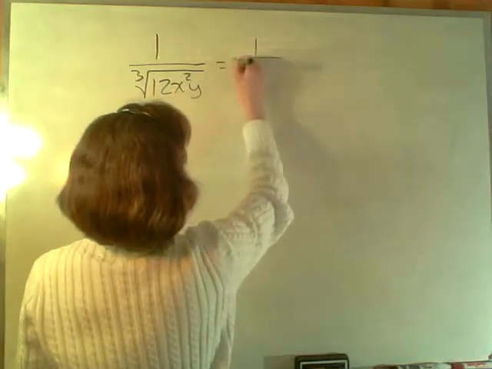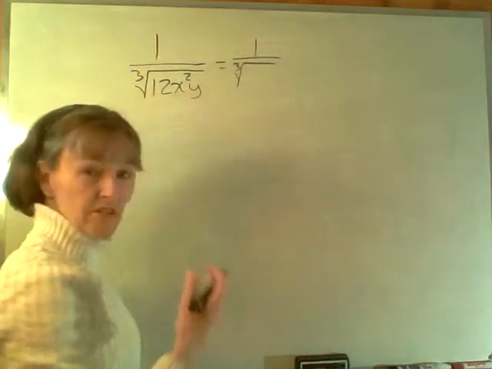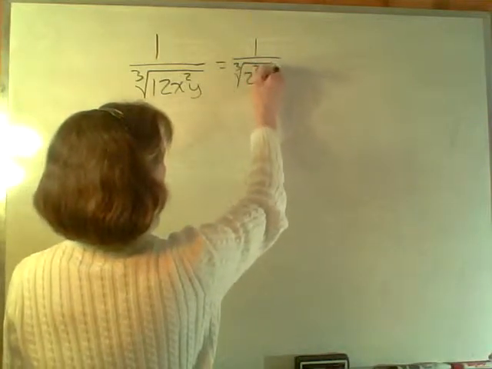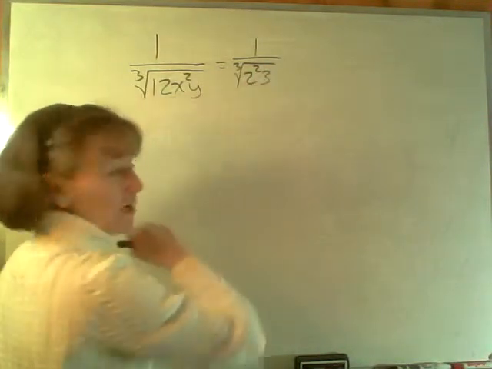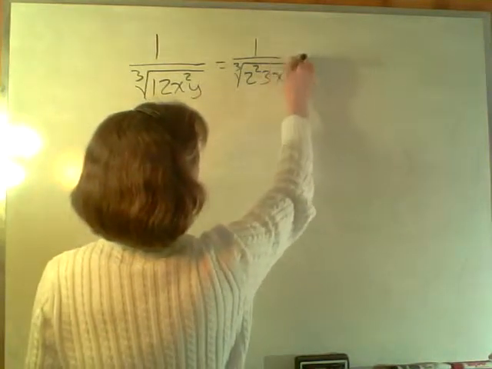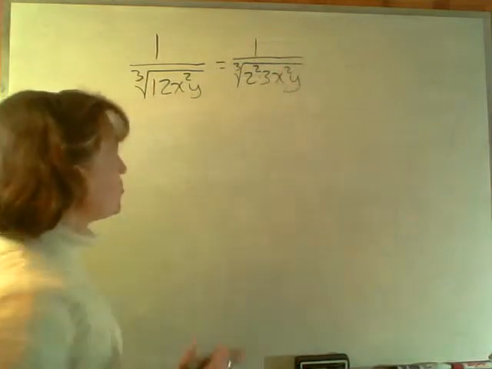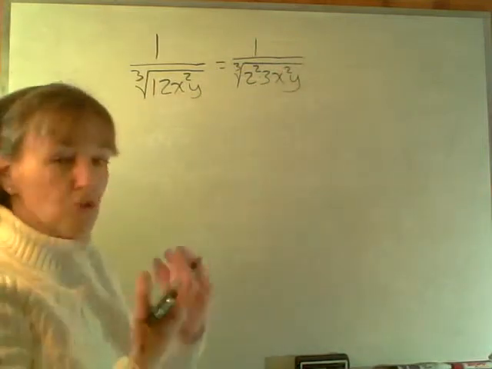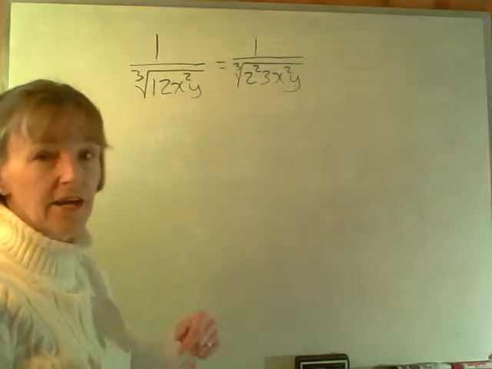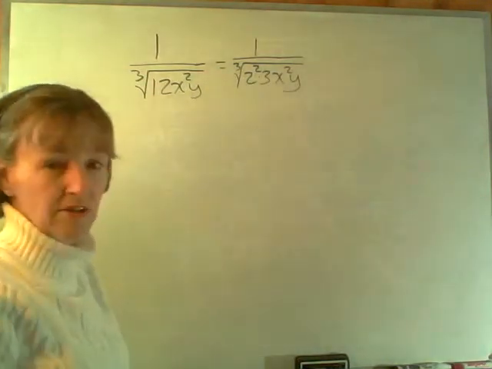All right, well, 12 can be written as 4 times 3. 4 is 2 times 2. So I've got 2 2's and a 3 that make 12. And then I have x squared and y. In order to simplify a cube root, I need 3 of whatever's under the radical sign in order to take it out. Well, I don't have 3 of any one of those factors.